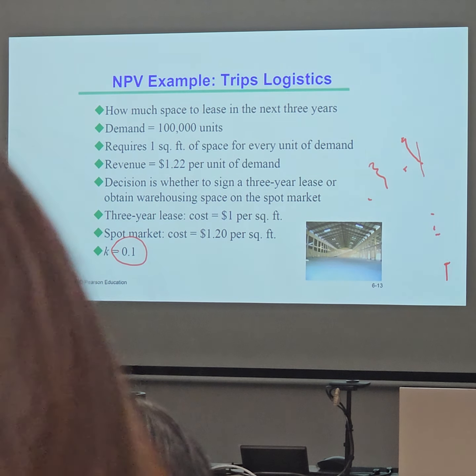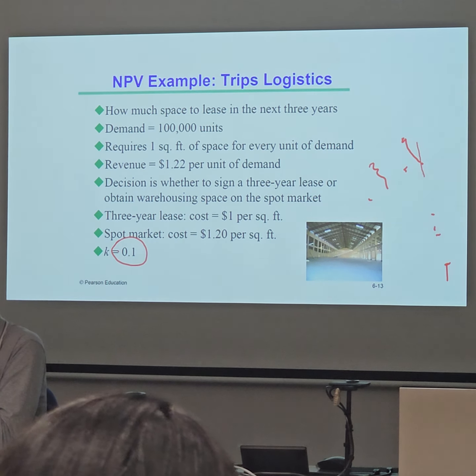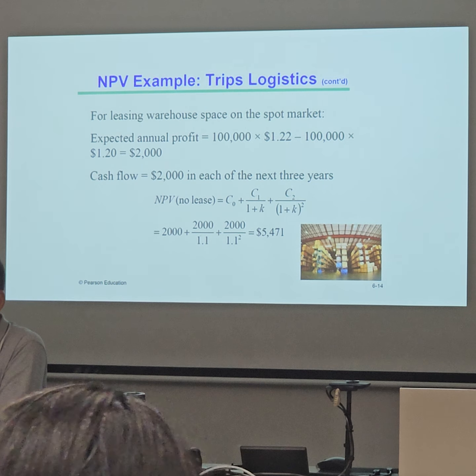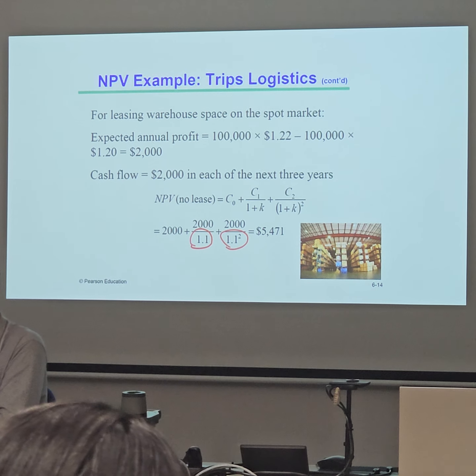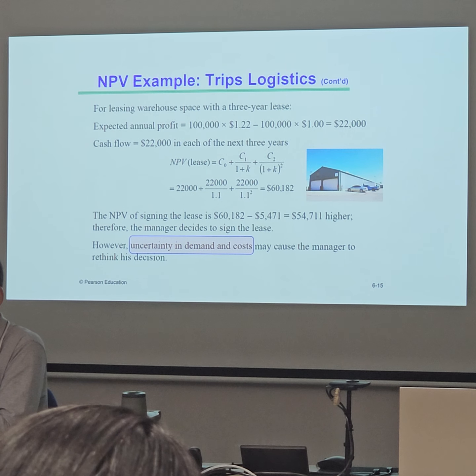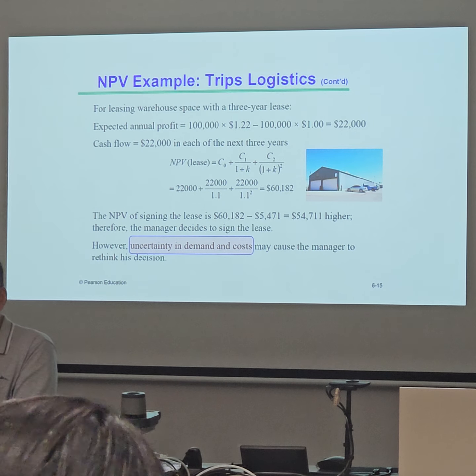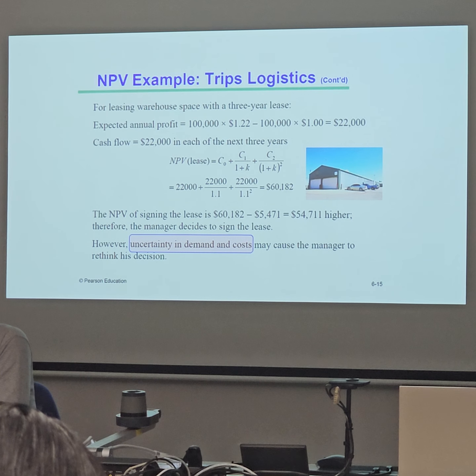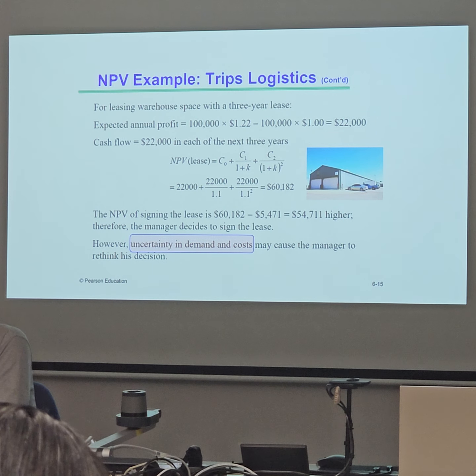That's the discount rate. Okay? Then you discount back. Okay, this is the discount. So the other thing I want you all to look at, can you pay attention here? Can you look?